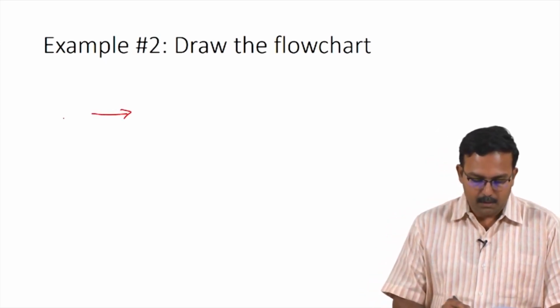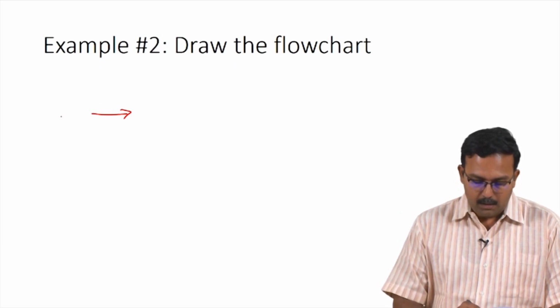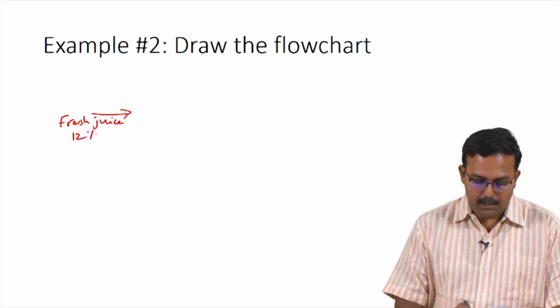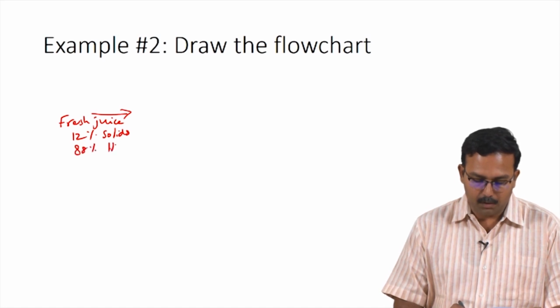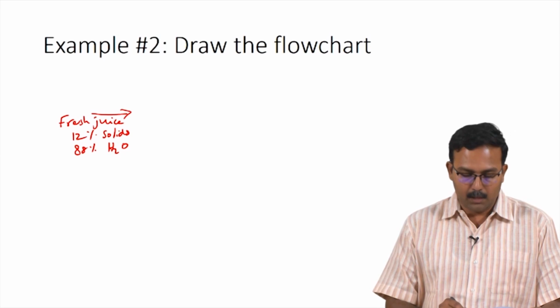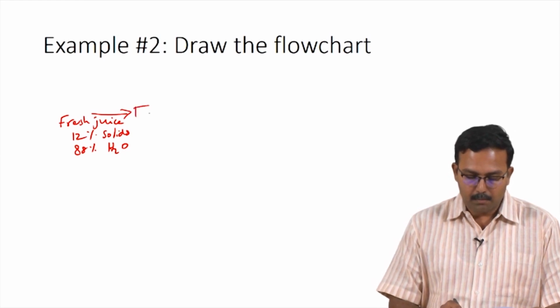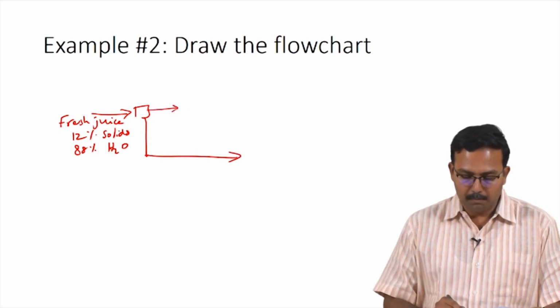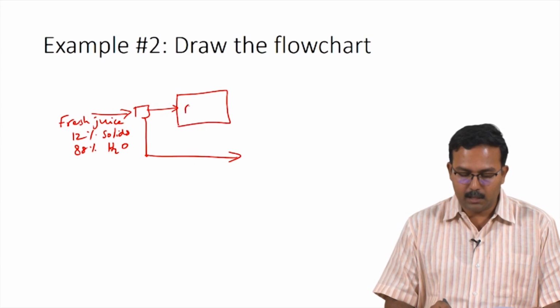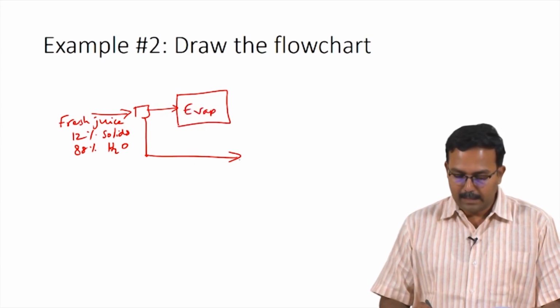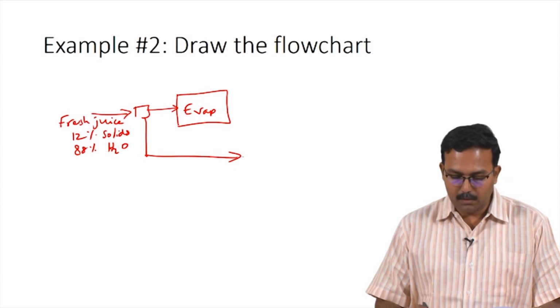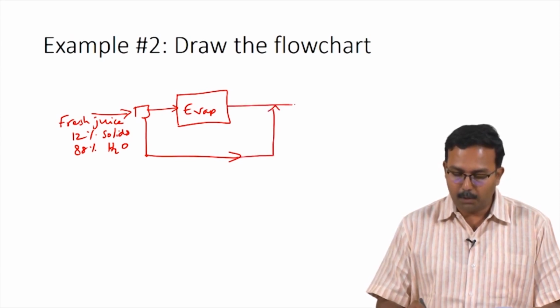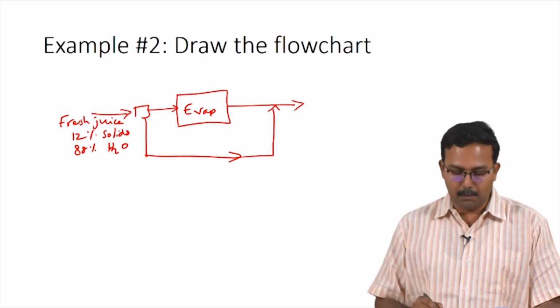So, the first flow would be your fresh juice. This fresh juice contains 12% solids and the rest 88% would be water. So, this is now separated probably by a splitter, and some of it bypasses the evaporator while the rest enters into the evaporator, and whatever is coming out bypassing the evaporator is mixed with the product from the evaporator to produce the final product.